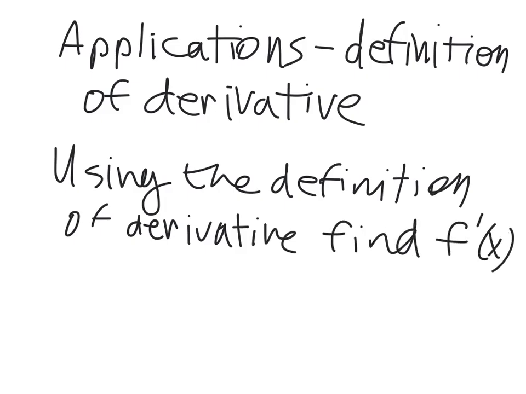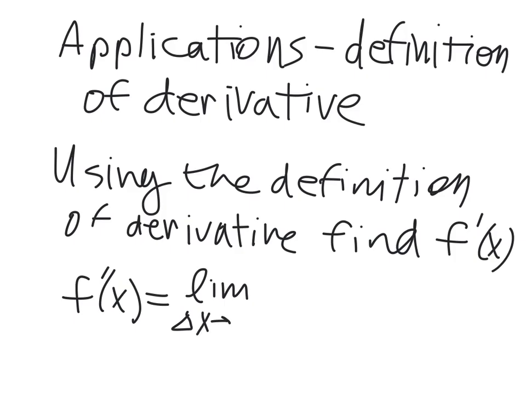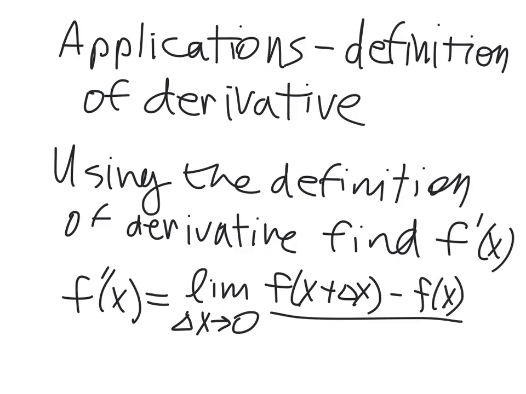Find f prime of x. And do you remember what the definition is? Limit as delta x approaches 0 of f of the quantity x plus delta x minus f of x, all over delta x.